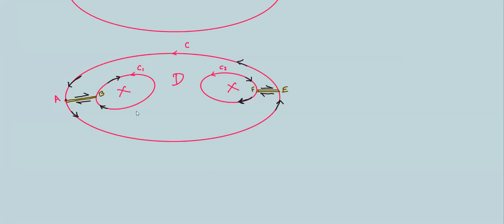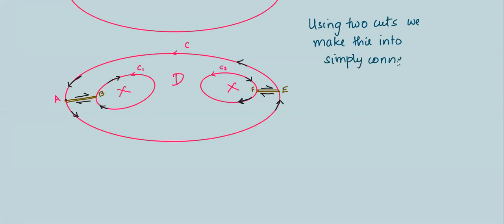So using two cuts, we make this into a simply connected domain. Now the integral over that closed loop, let the whole path be called Z, is 0.